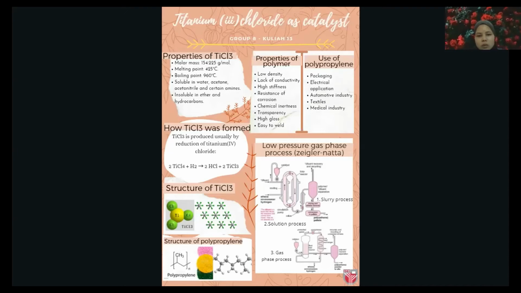And also, polymer is used for textile and medical industry because of its properties like high tensile strength, resistance to high temperatures, and corrosion resistance. So, do you guys have questions?